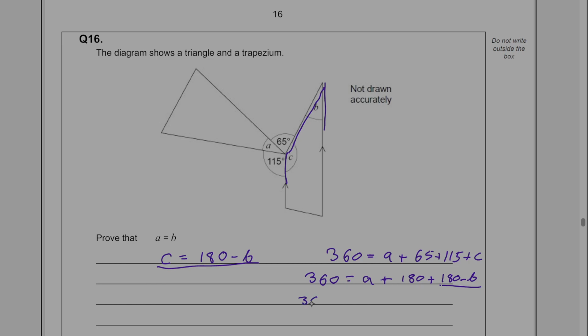So 360 is equal to A plus 360 minus B. So 0 is equal to A minus B, so A must be equal to B.